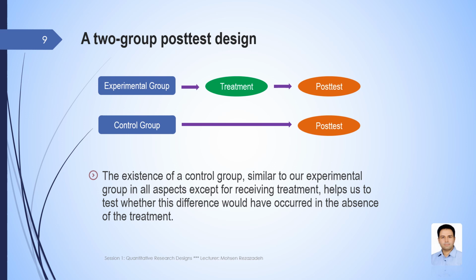The fact that, for example, the scores of the students on the post-tests in the experimental group are higher than the scores of the students in the control group can show that this difference, this positive difference, is because of the treatment.